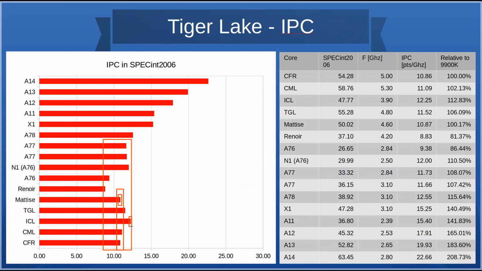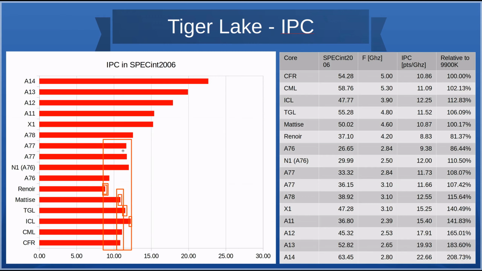Ice Lake is a pretty nice uplift, and Tiger Lake shows literally decreased IPC. Renoir, probably because of lower frequency also, but we must not forget that Renoir has a much smaller L3 cache, only 8 megabytes compared to 32 megabytes for Matisse. So it could also be an L3 cache problem here.